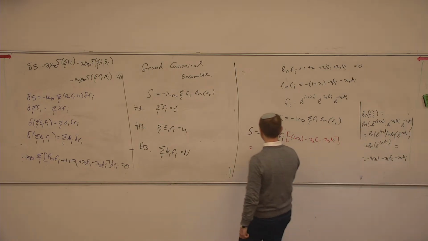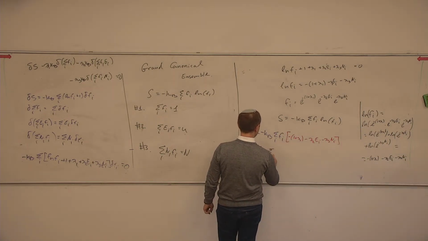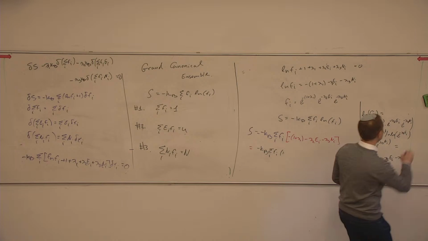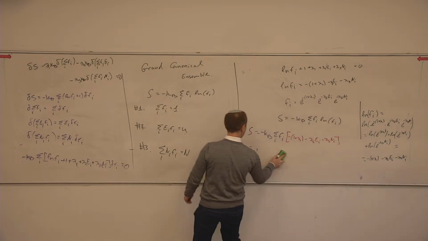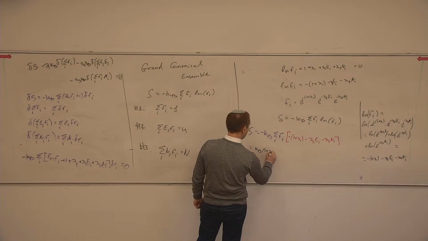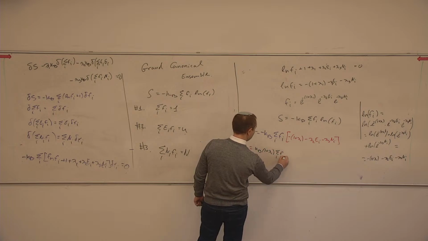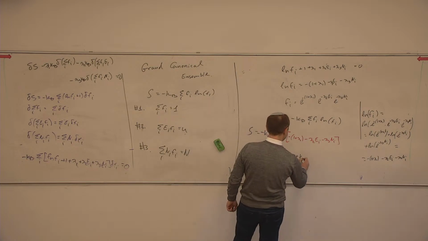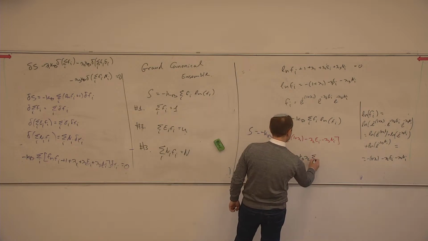So we have minus K Boltzmann, sum over I, Fi, 1, let's get it out already. So we have K Boltzmann, 1 plus lambda 1, sum over I, Fi. This is the first part. We have plus K Boltzmann, lambda 2, sum over I, Fi, Ei.